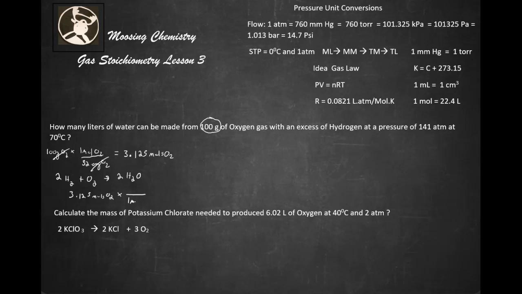So we can put 1 mole of O2 on the bottom and 2 moles of H2O on the top. You get that from the balanced equation. That's going to give me 6.25 moles of H2O.